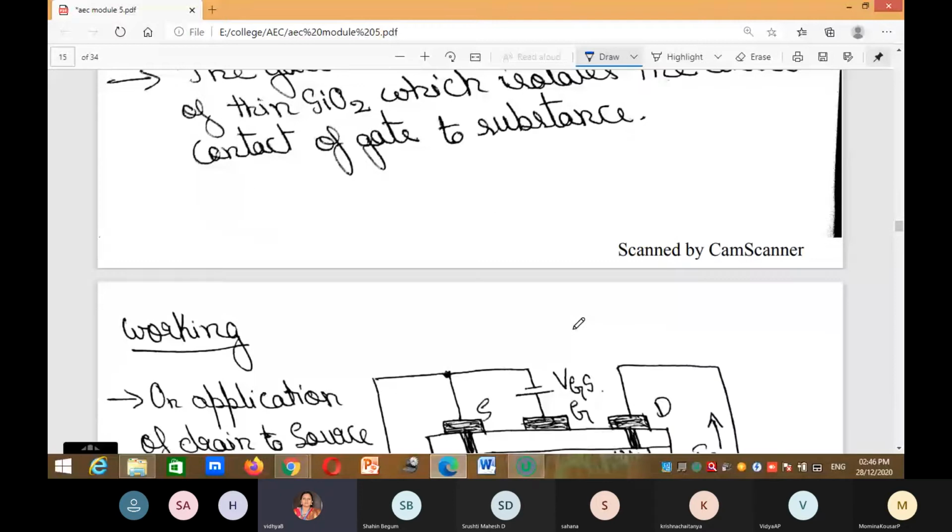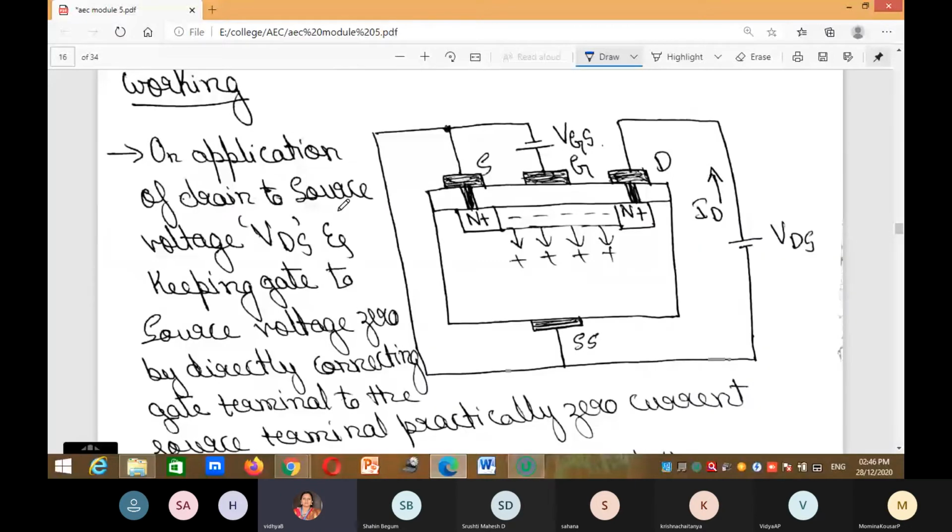Working: on application of drain to source voltage VDS, you can observe here there is a connection between drain and source, and from source to gate.